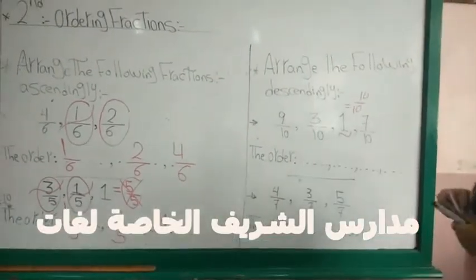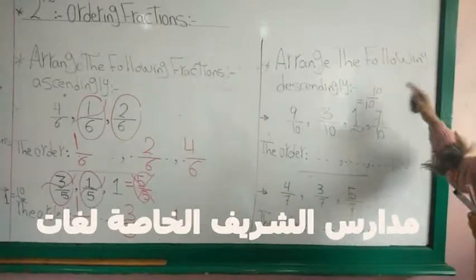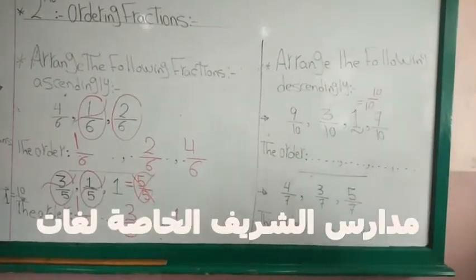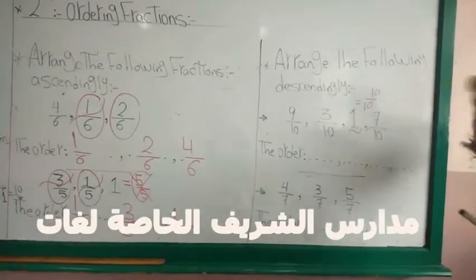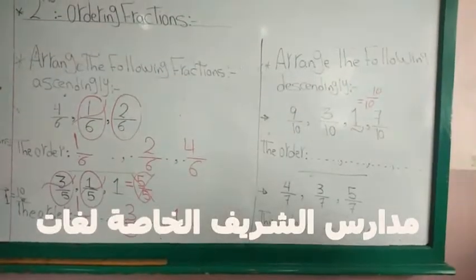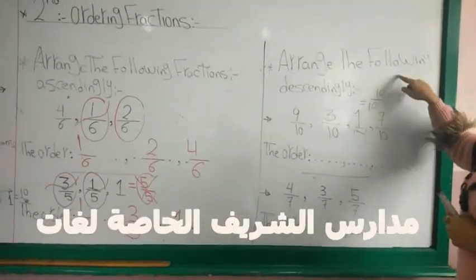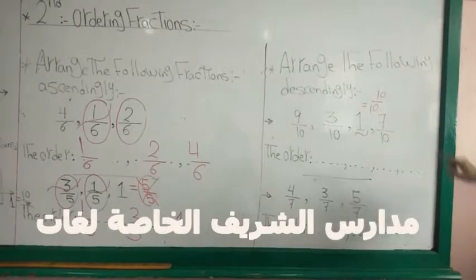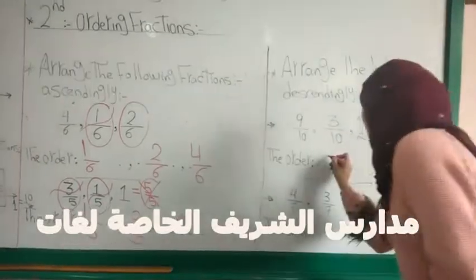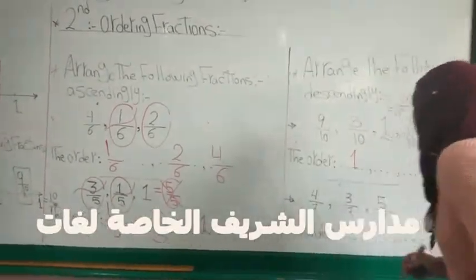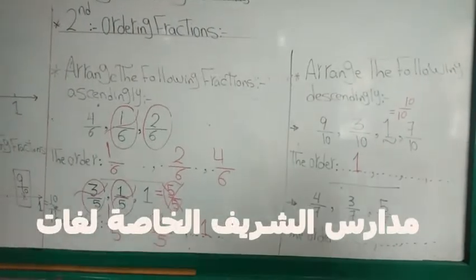Now look at the numerator: 9, 3, 10, and 7. Which is the greatest numerator? 10. 10 is the greatest numerator, so 10 tenths is the greatest number here. We should write 1, not 10 tenths.